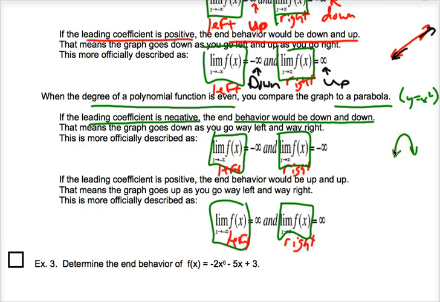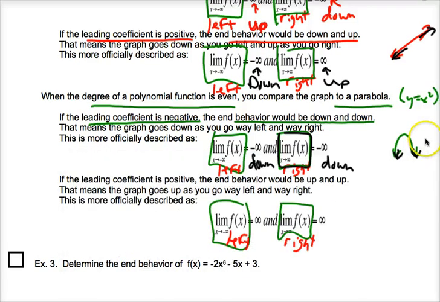On the left-hand side, I'm going down, and on the right-hand side, I'm going down. So this stuff here is another way of saying left down and right down. The limit of f of x as x goes to negative infinity equals negative infinity means left down. The limit of f of x as x goes to positive infinity equals negative infinity means right down.